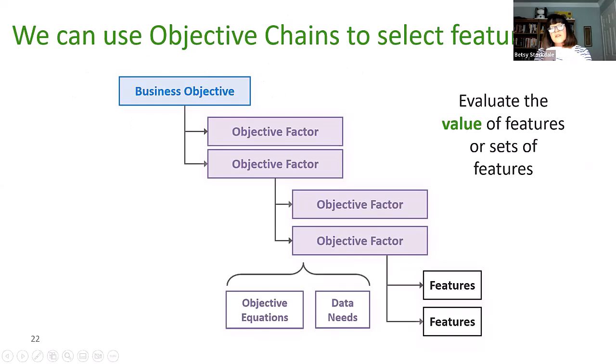And then there are statements that show how each feature can contribute to those business objectives. And we call those objective factors. Each factor will have an equation in it, right? And then we use that information and the data to start to create a relative value for each feature, right?